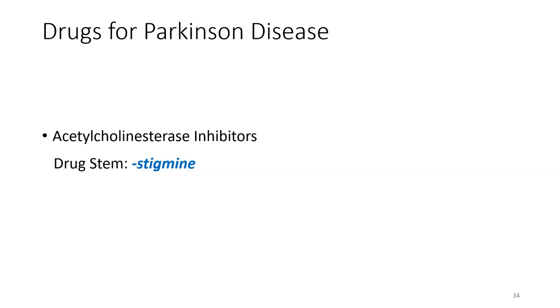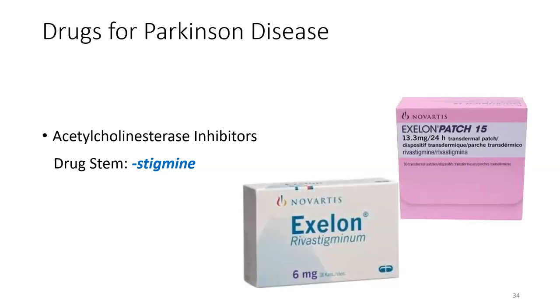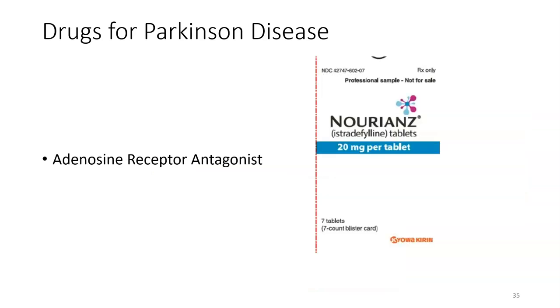And we've got the stigmine, and the drug is rivastigmine, again, Exelon. Adenosine antagonists are used to treat OFF episodes, which are worsening of symptoms in patients who are already taking carbidopa-levodopa. The drug is istradefylline, which is Nourianz.